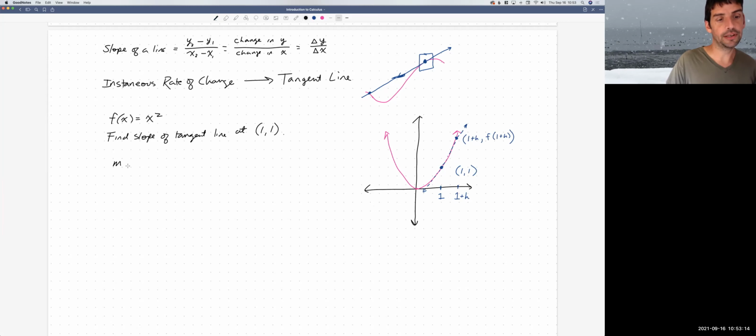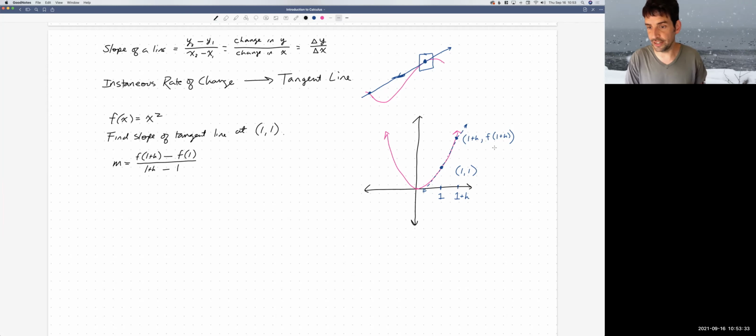So our slope is going to be, we take that second point, the y coordinate, subtract f of 1, and we take the x coordinate minus the x coordinate of the first point, right? So I'm just finding the slope between these 2 points.